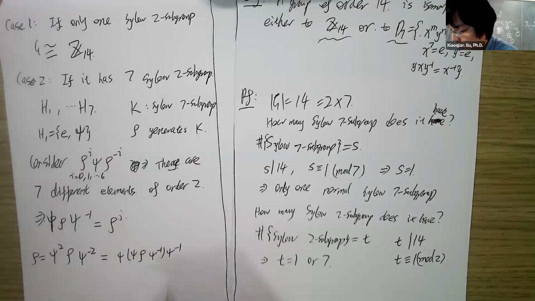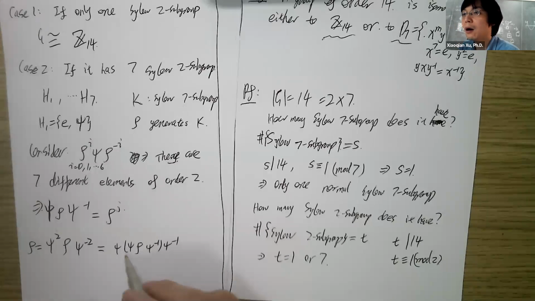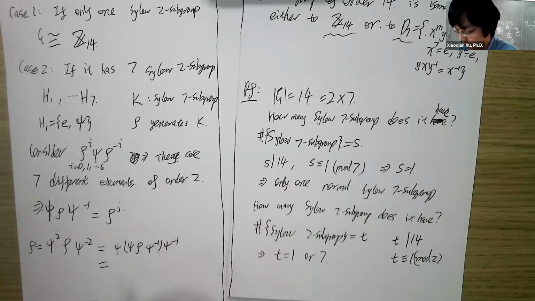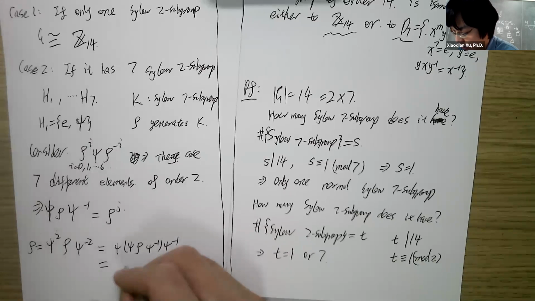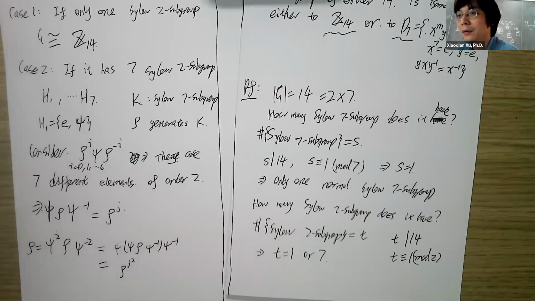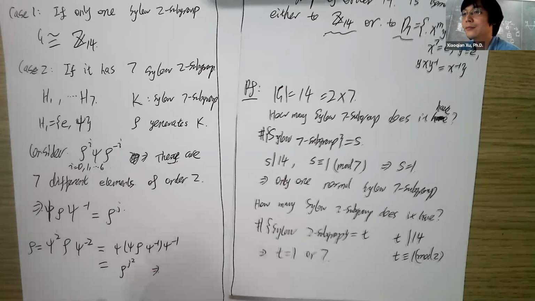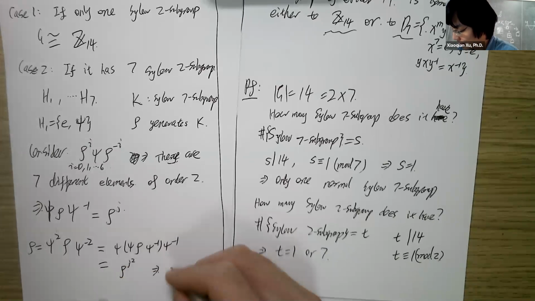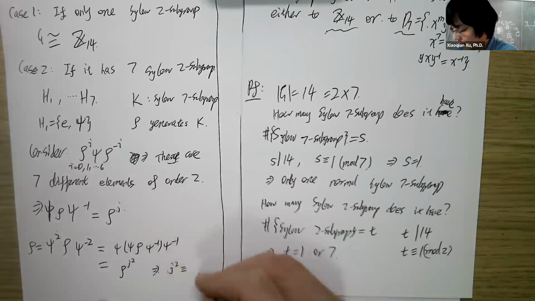For once, you get rho to the power J. So for twice, you get rho to the power J square. Okay. So what we know is J square mod 7 equals 1.